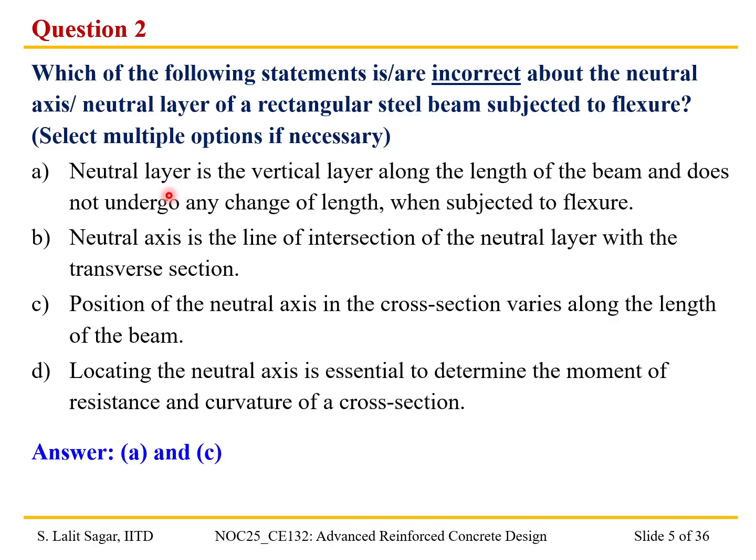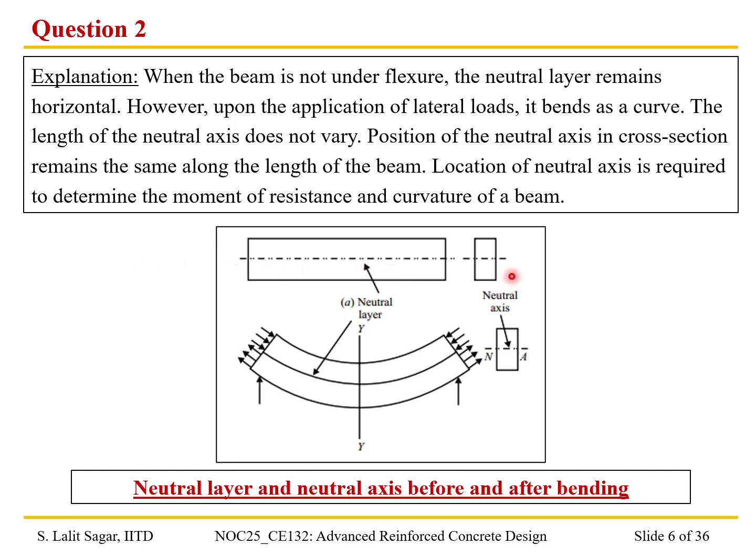So the neutral layer is a horizontal layer along the length of the beam, and it undergoes change of length when subjected to flexure, and the second option is correct because neutral axis is the line of intersection.